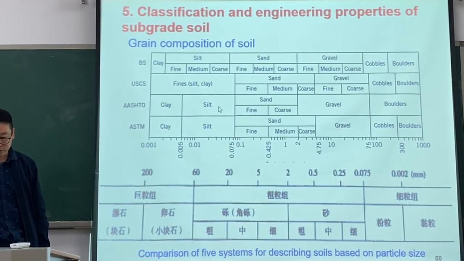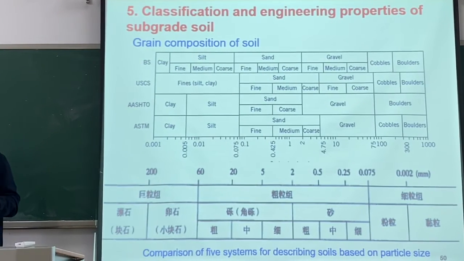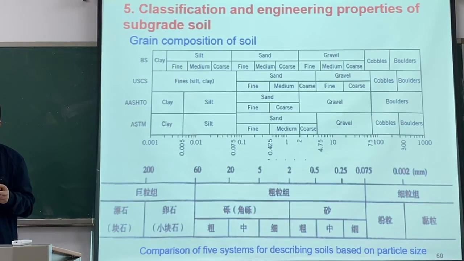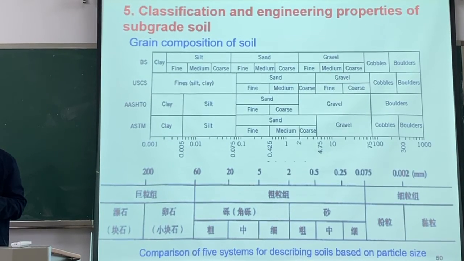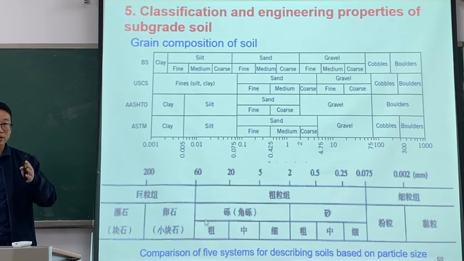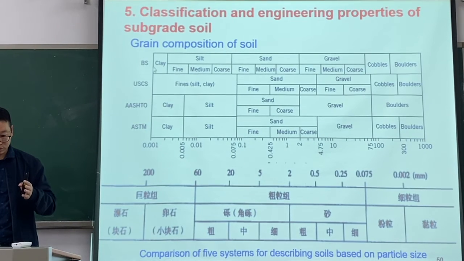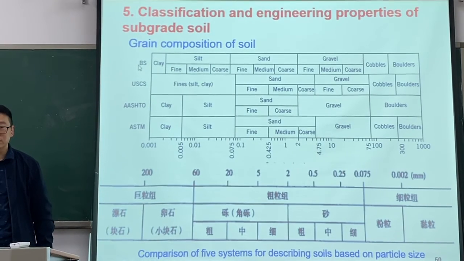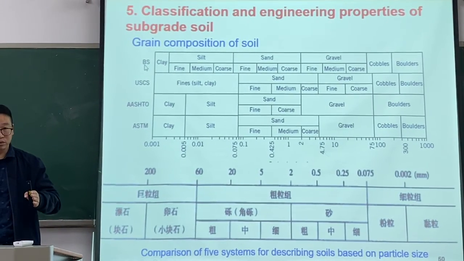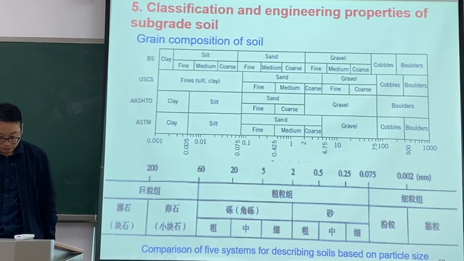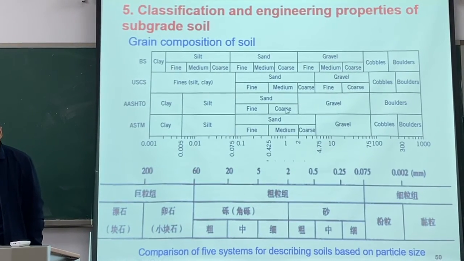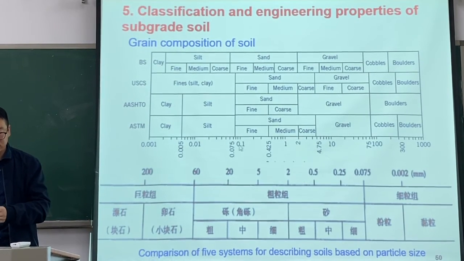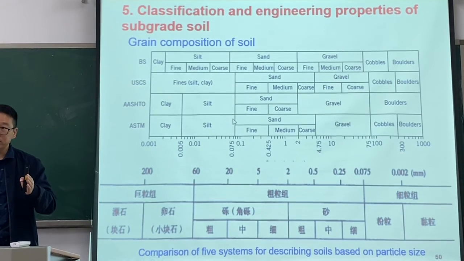So when we determine soil groups, we should use the Chinese specification when working in China, and the British specification in Britain. We should know the grain size to determine the soil group.